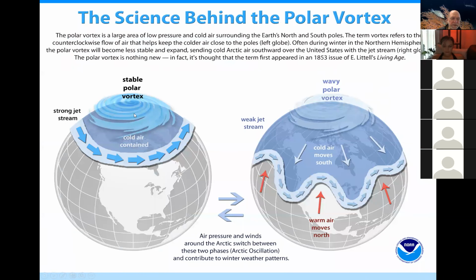That's what's depicted here. In the stable polar vortex, you have a strong jet stream flowing from west to east. If any of you have flown from the United States to Europe or back again, or from the west coast to the east coast, you'll have noticed the trip typically takes half an hour to 20 minutes less than the trip in the opposite direction.